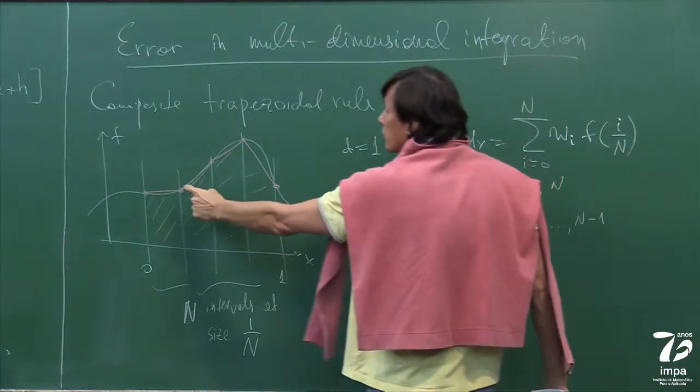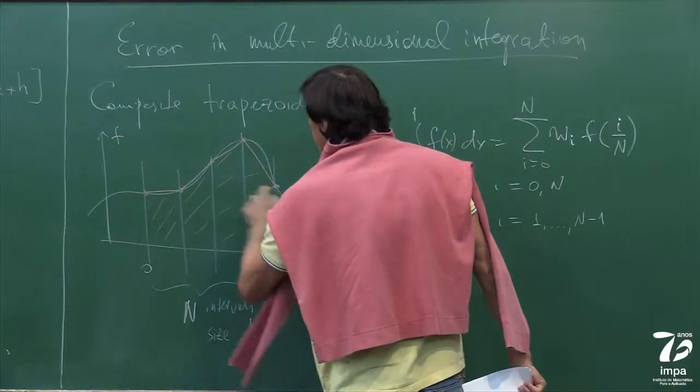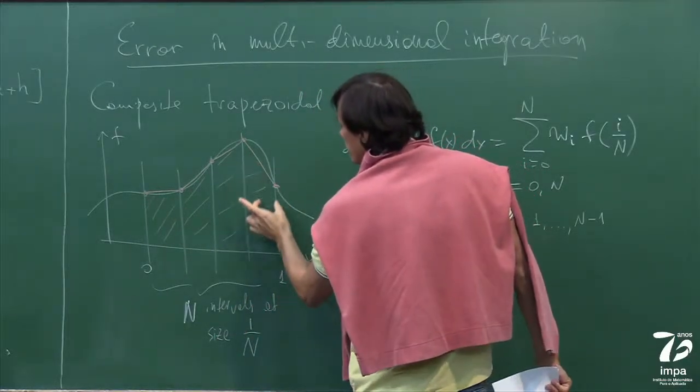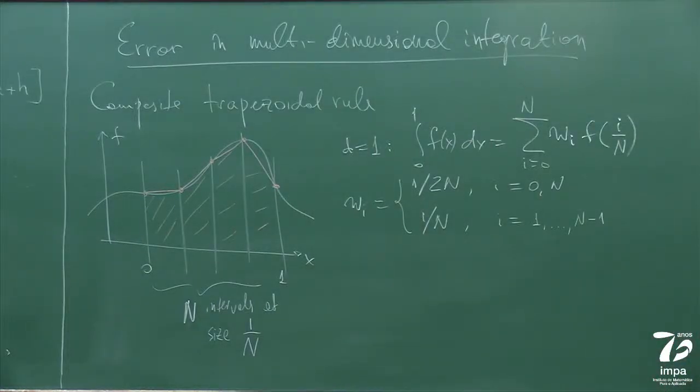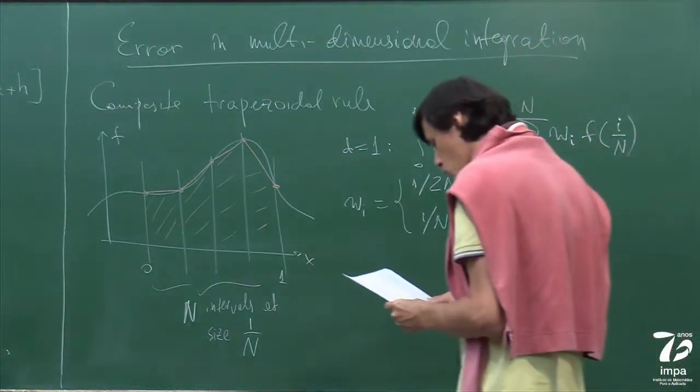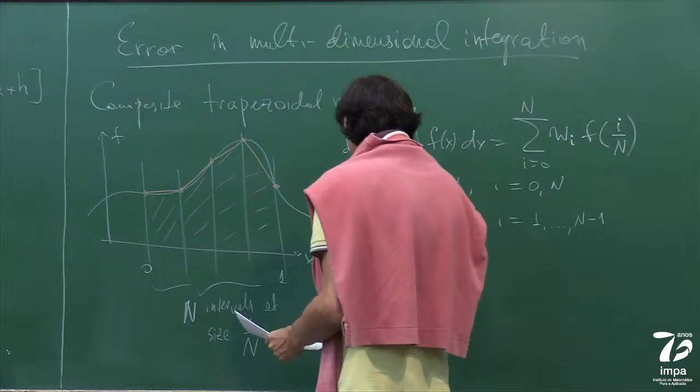You take every point inside with one weight and endpoints with another weight because they just correspond to these thin regions. So this very simple trapezoidal rule that you apply is second order. For larger dimension you do essentially the same.